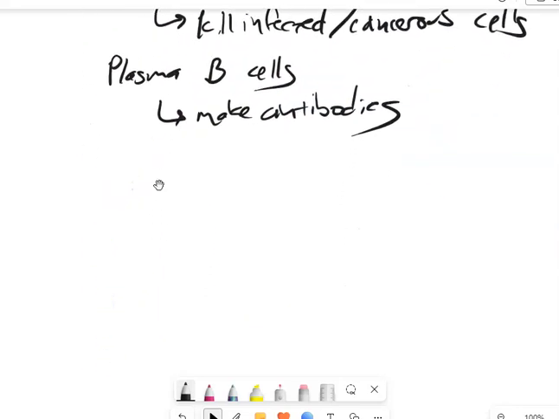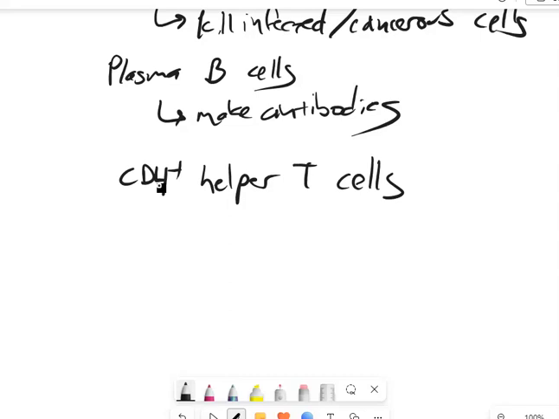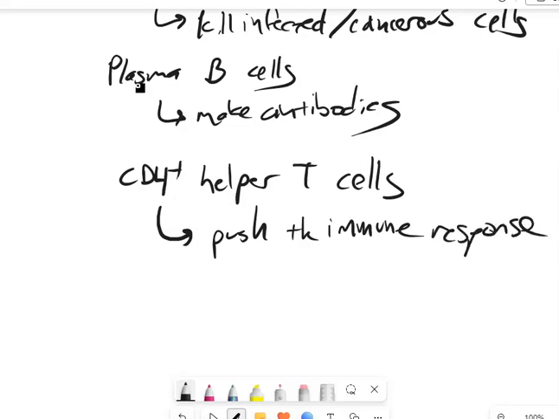But then a much bigger group of effector cells is the CD4 positive helper T cells. And what all helper T cells do is push the immune response towards an outcome, like towards an antiviral outcome or an antiparasitic outcome or antibacterial.